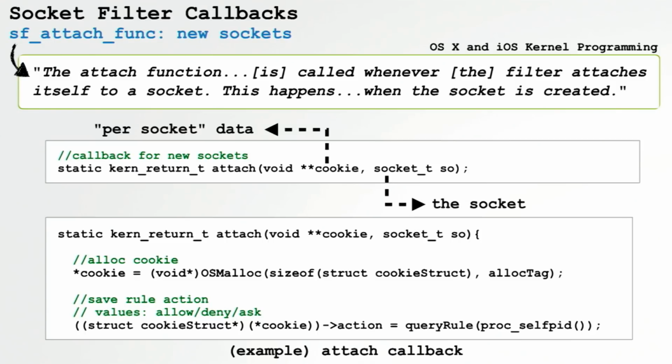Here we allocate a chunk of memory, and then we store an action based on the PID of the process. If it's a process we're going to allow, we set it to allow. If it's a process we want to block, we set the action to block. And if it's a new process or something that we don't recognize, we set the action to ask.